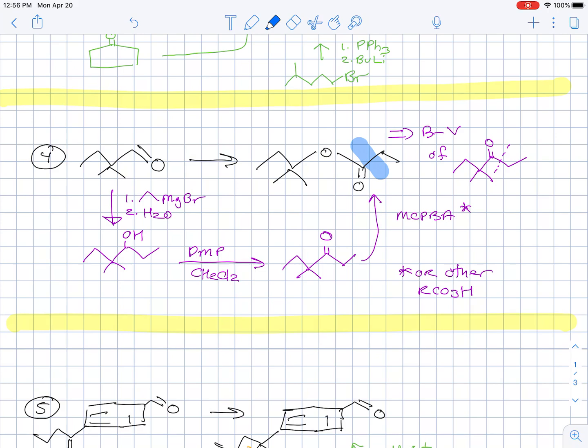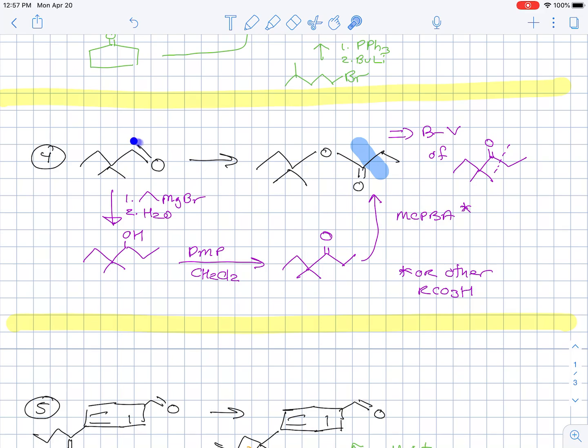The logical way to make the carbon-carbon bond is going to be by using a Grignard. So moving forward, if we can get to this ketone, which we can via the Grignard and then an oxidation, then the Baeyer-Villiger will give us that.